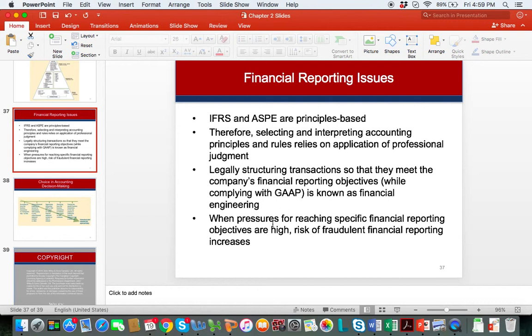And when pressures for reaching specific financial reporting objectives are high, the risk of fraudulent financial reporting increases. So it's like the Enrons and the WorldComs. That's why we looked at stuff like the Sarbanes-Oxley Act in the US, and basically the need for independent audit committees, etc., because of the risks of fraudulent activity.